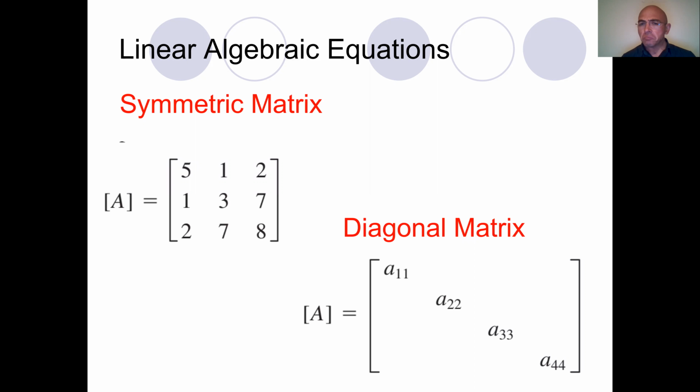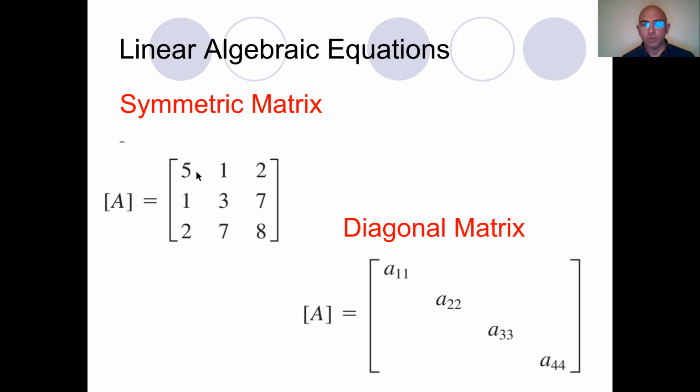Okay, we may have different types of matrices. In fact, these are important points. For example, symmetric matrices. Now, this is our diagonal. If the values on either side of the diagonal are equal, then this matrix is symmetric.